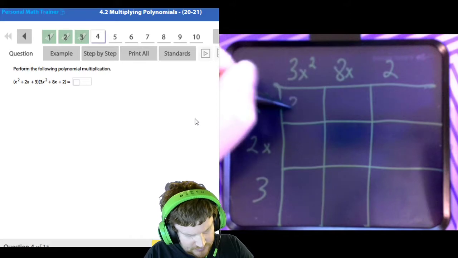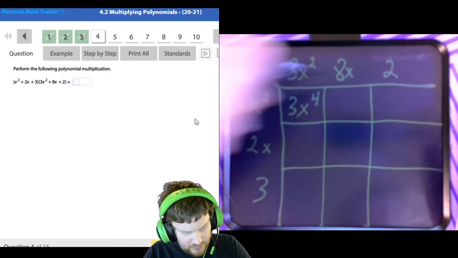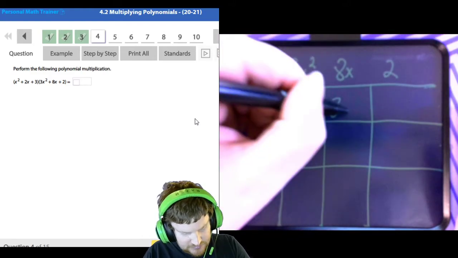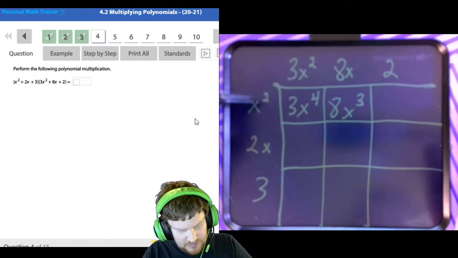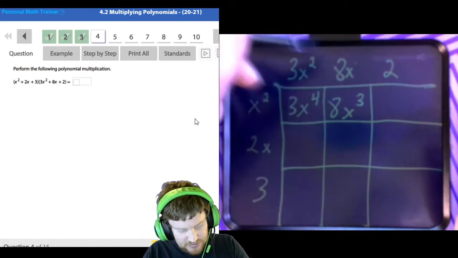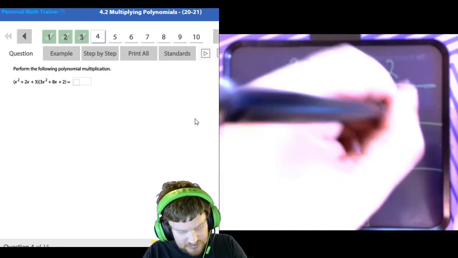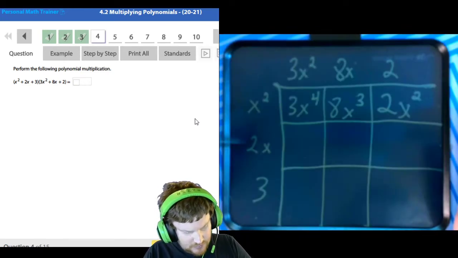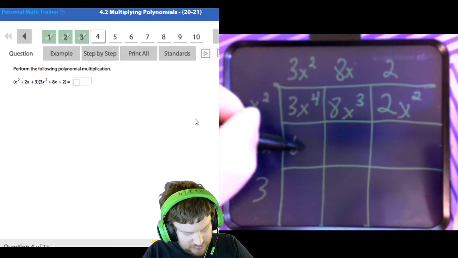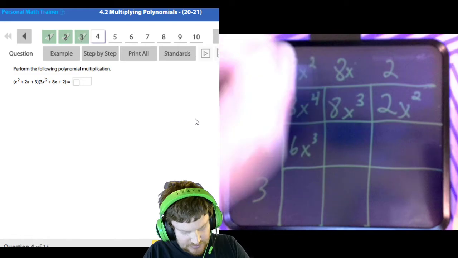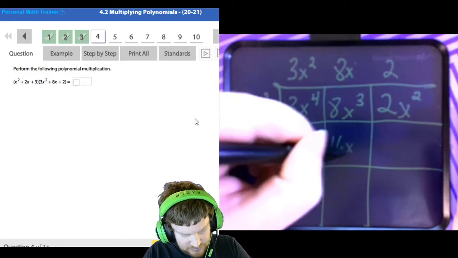So that is 1 times 3 is 3, x squared and x squared is x to the 4th, 8x cubed, 2 times 1 is 2, 2 plus 1 is 3, sorry. 2 times 1 is 2, and just the x squared. 2 times 3 is 6, 1 plus 2 is 3. 2 times 8 is 16, 1 plus 1 is 2.